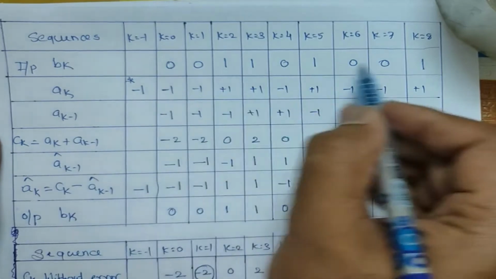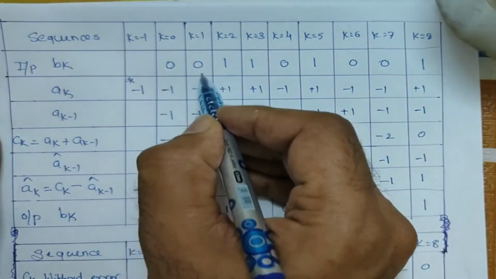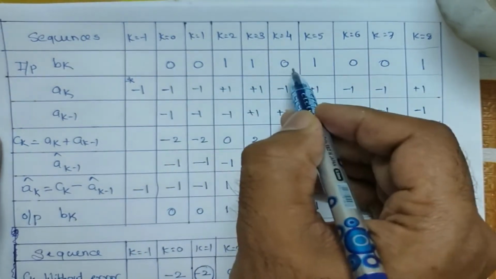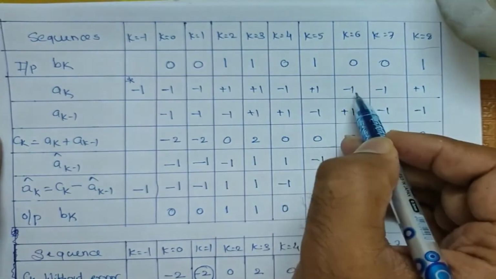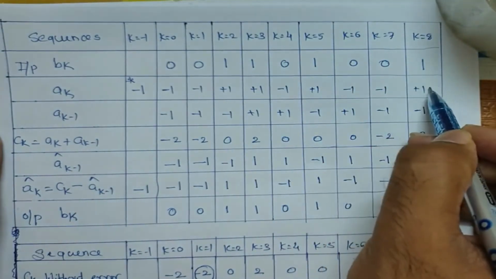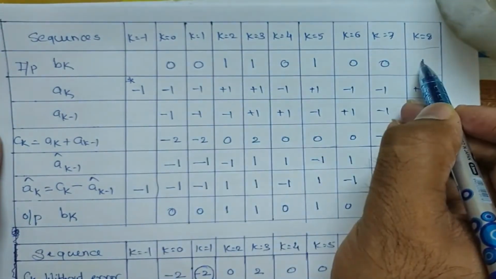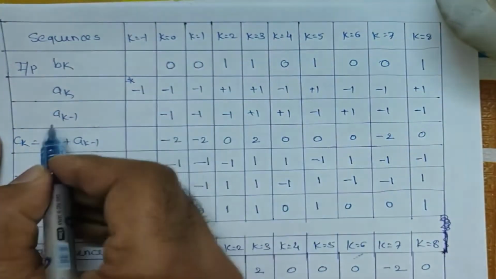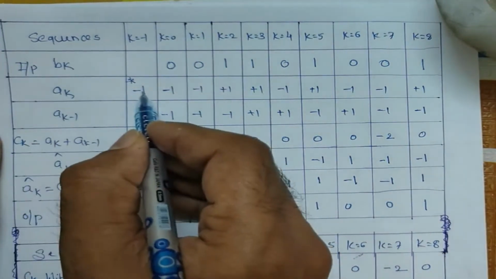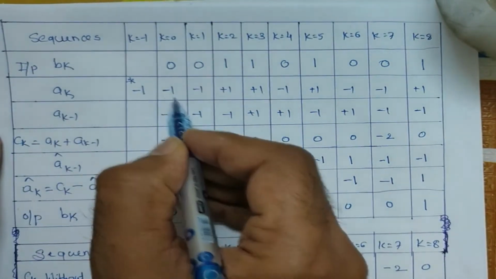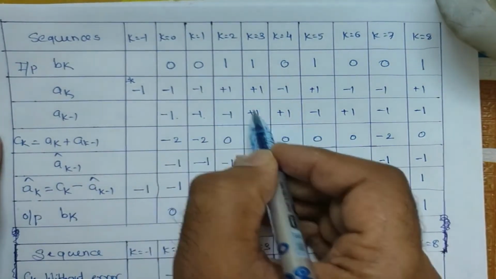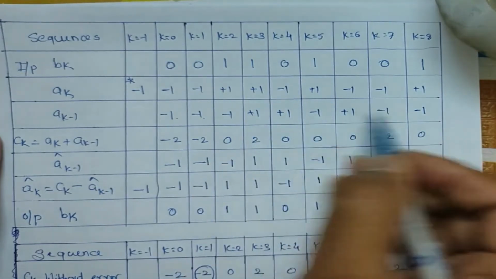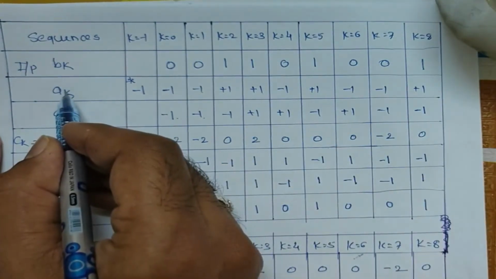First of all I can write the polarity of this: 0 means -1, 1 means +1, and so on, because we are passing it through the level shifter. Since this is the delayed version, this -1 will be going here, and likewise it will be delayed. So this will be the delayed version of this a_k.